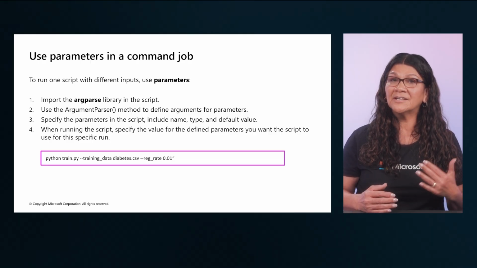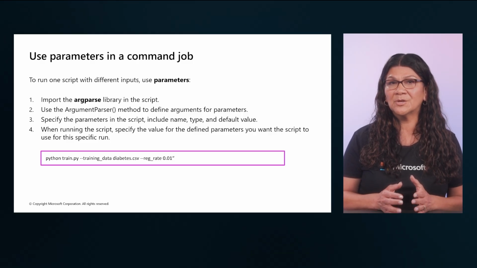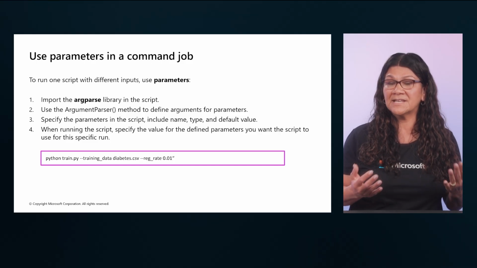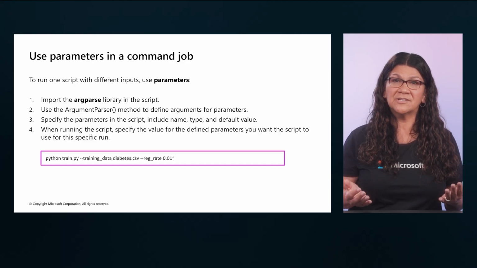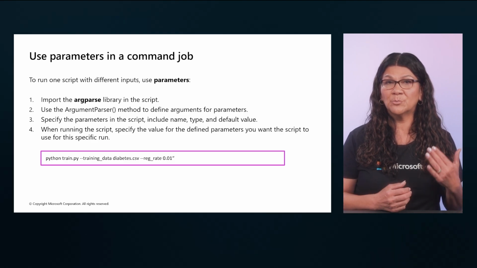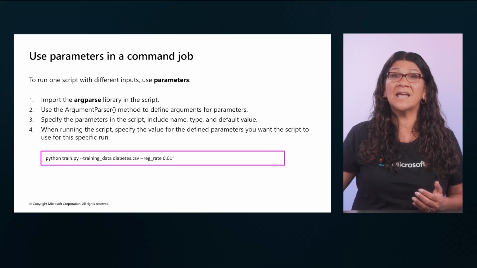Then pass values at runtime so each job run is intentional and comparable. A simple example is training with a different dataset path and regularization rate, like the code shown here. This is the key to bridge from "it works in my notebook" to "it runs reliably anywhere."